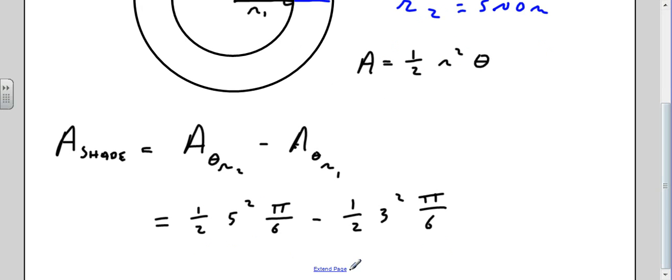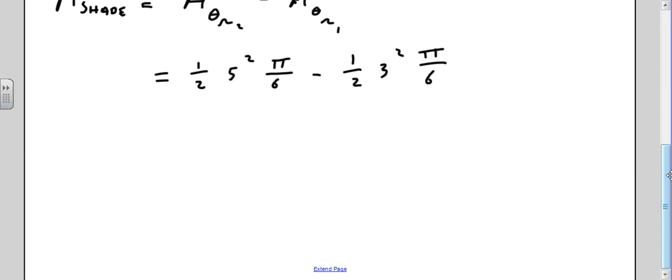All right. Well, that doesn't help us any, right? 25 pi over 12 minus 9 pi over 12. 9 looks like 3 pi over 12?